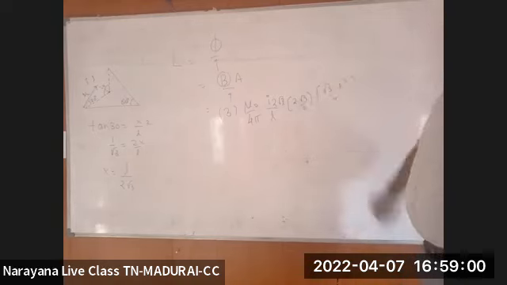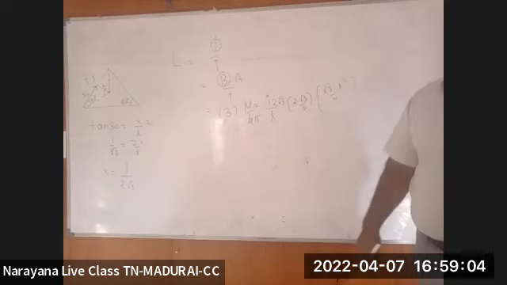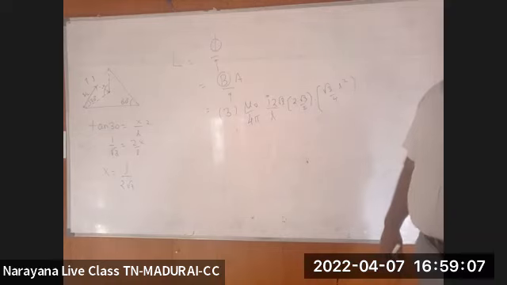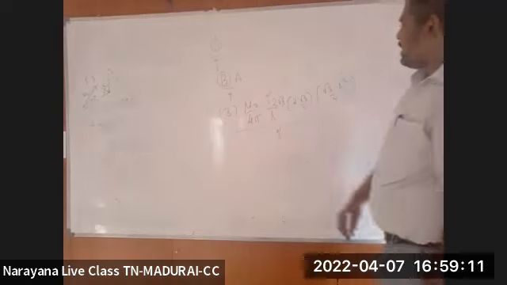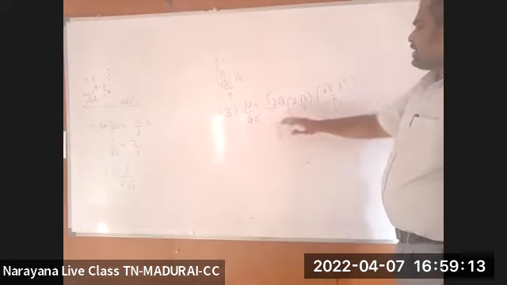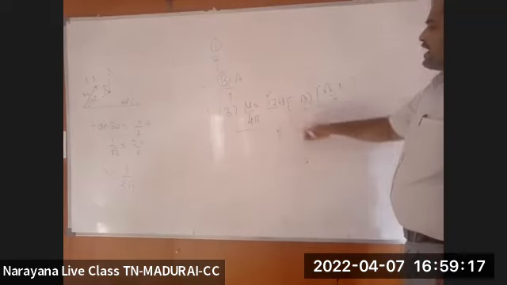If you remember this formula directly you can do it, or else if you don't remember, half base into height you can do, and the whole divided by I ampere. I cancels out. This one L cancels out. 2 cancels out.